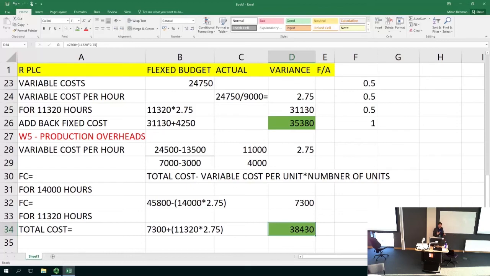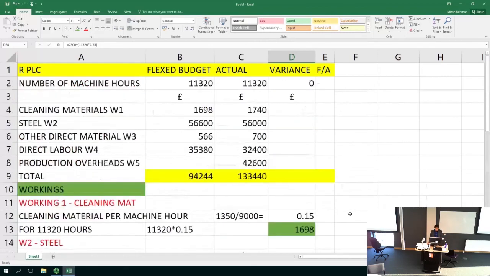So again, is our budget. So that's a major part of the question has been answered.